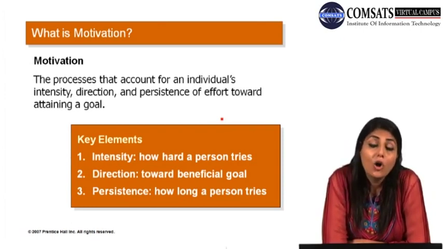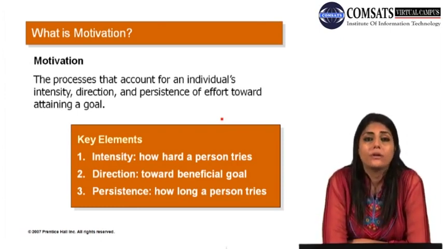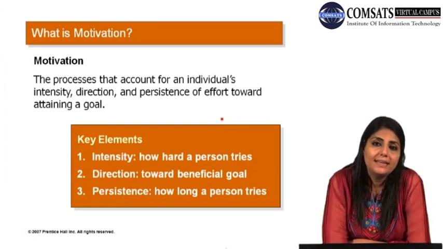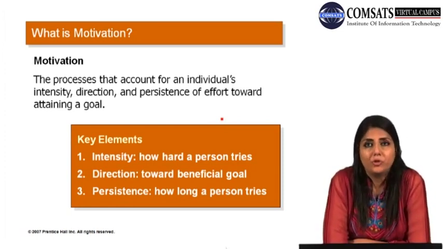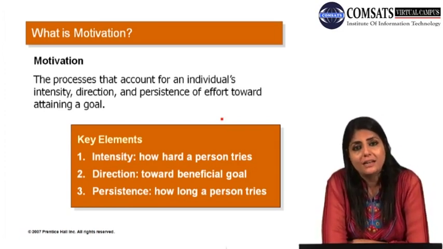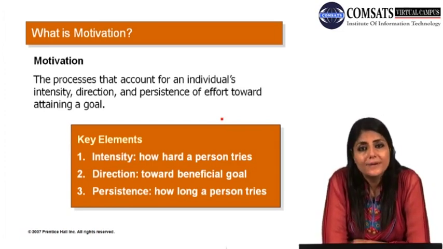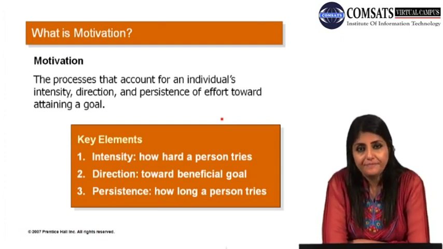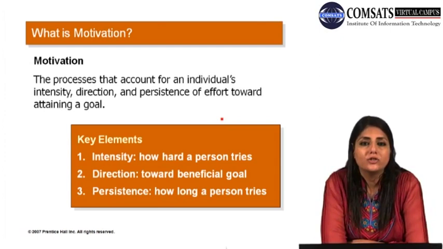And persistence is how persistent you are in making that effort. So these are basically the three elements that define motivation, right? Unless and until all these three elements are present, we cannot say that a person is motivated. So this is actually interesting.